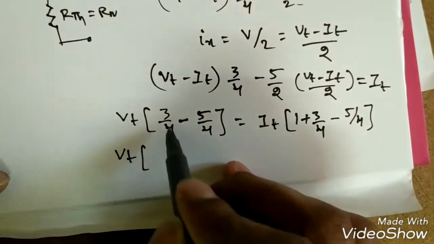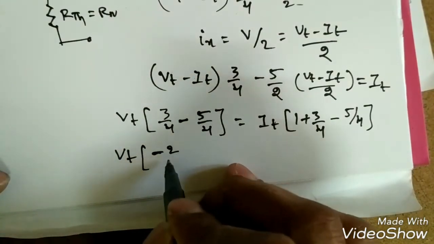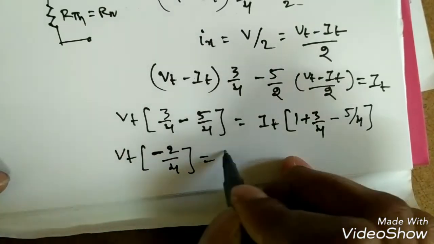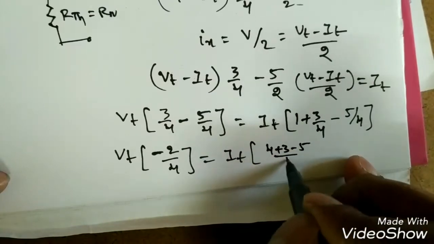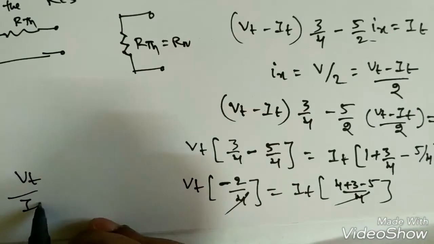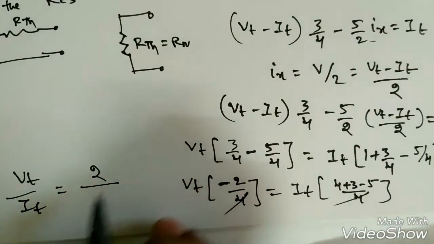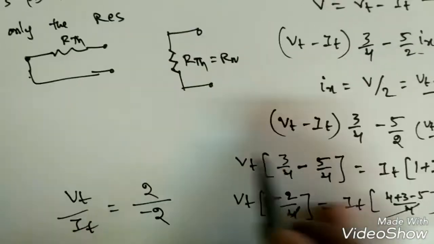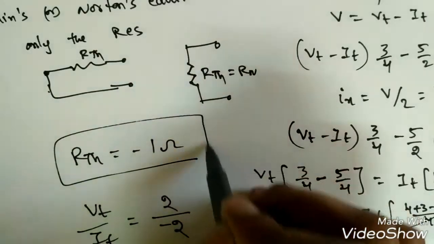So what is this? 3 by 4 minus 5 by 4 is minus 2 by 4, equal to It times (4 plus 3 minus 5) by 4. So the 4s cancel. So what is Vt by It? It is 4 plus 7 minus 5, this is 2 by minus 2. So what is RTH? RTH is equal to minus 1 ohm.